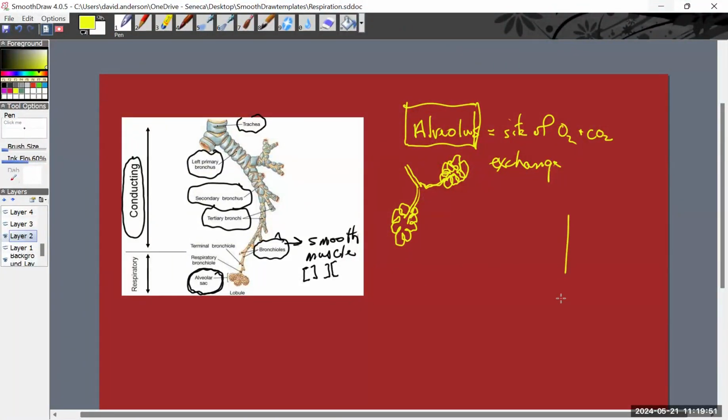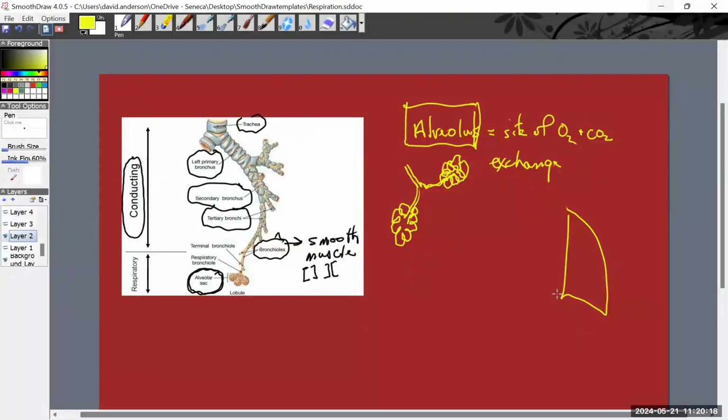So we started with a lung that looks something like that, and the lung itself is made up of clusters of these alveoli that have to have air distributed to them through the trachea and then the bronchi and then bronchioles, finishing in a terminal bronchiole that is surrounded by a cluster of these alveoli.